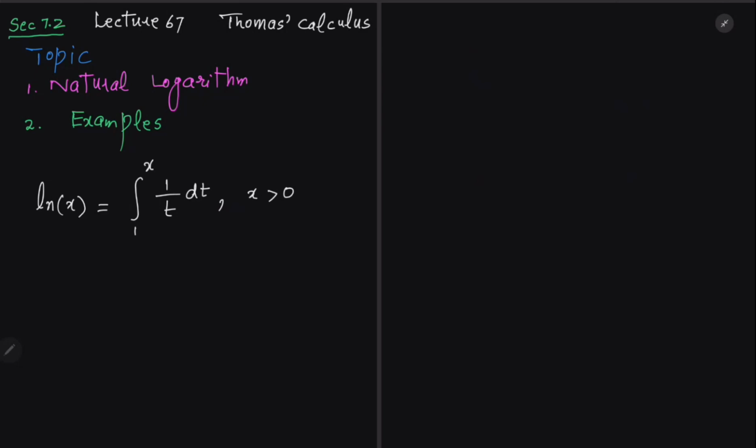So you can see that the logarithmic function should be written for some formula. It is written like this. Now the question is why we write natural log of x in terms of this expression.